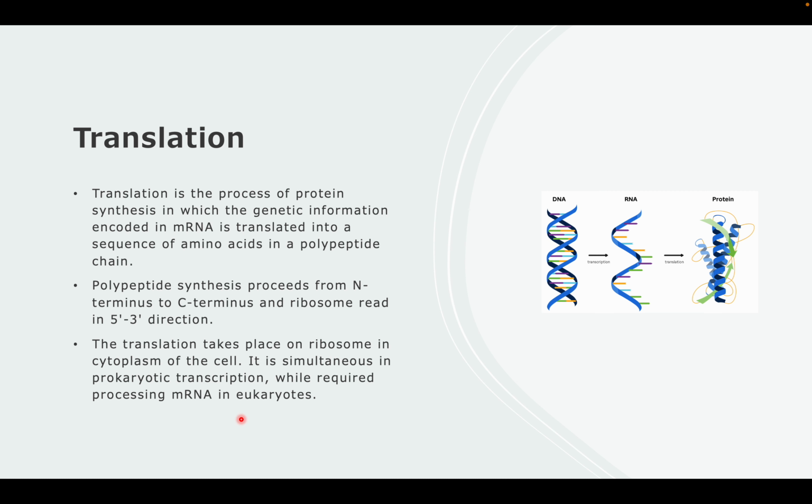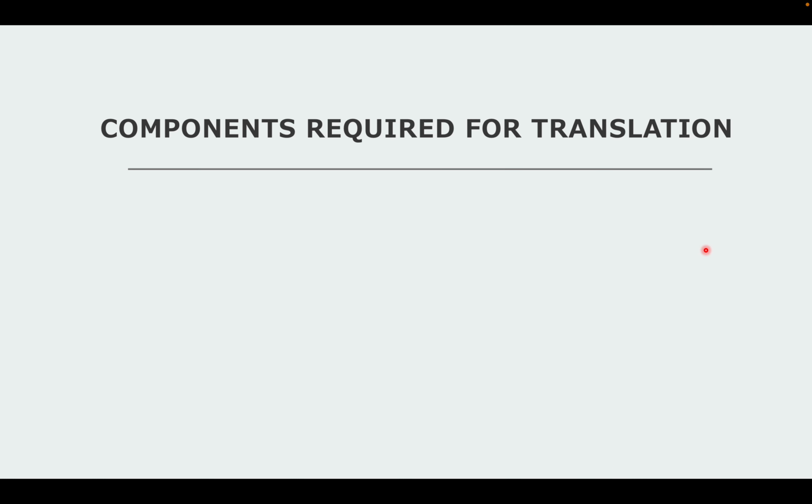But for eukaryotes, the process is a bit different, because the RNA that is released needs further processing like splicing, which I talked about in my previous video, and different modifications, and only then can it proceed to translation in the cytoplasm, because in eukaryotes the transcription occurs in the nucleus and then it gets transported to the cytoplasm where translation can take place. But in prokaryotes, this process occurs in the cytoplasm.